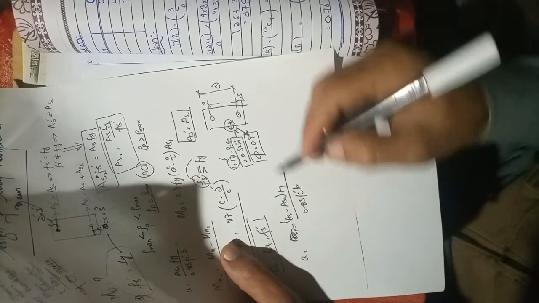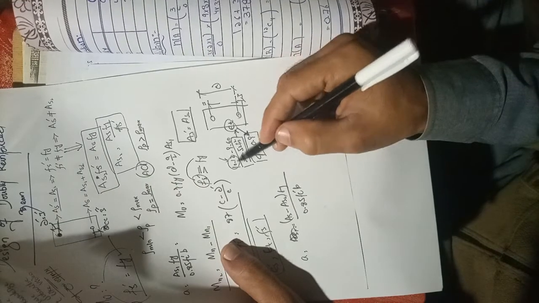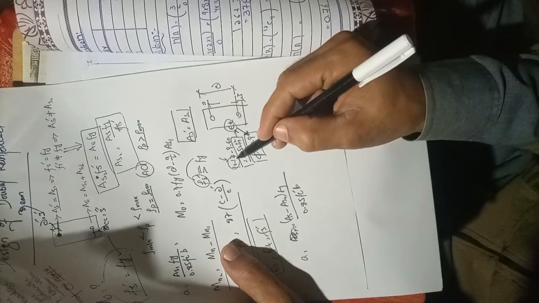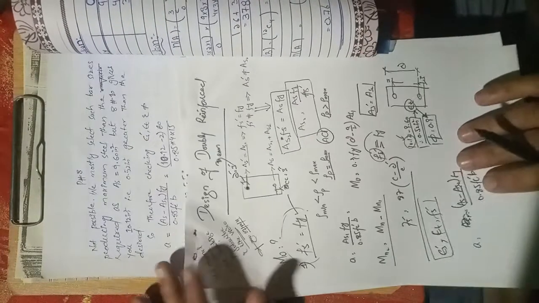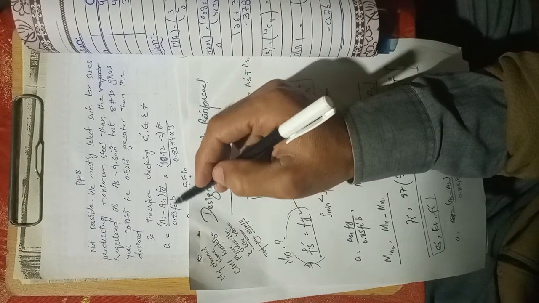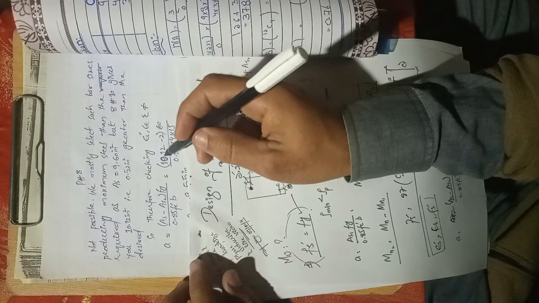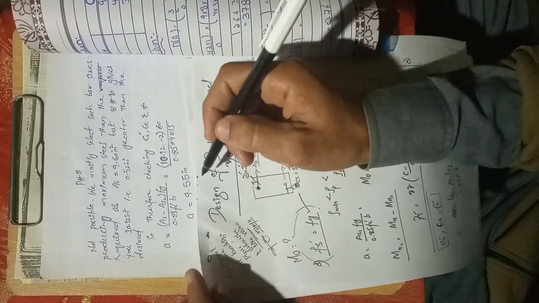This is not the actual value 9 points, because here a is 10.12, so that's why we are using a is minus a is 2, right? So a is minus a is 2 into fy divided by 0.85. We just, you see, 10.12 minus 260. So that's why the a value is now 9.55.